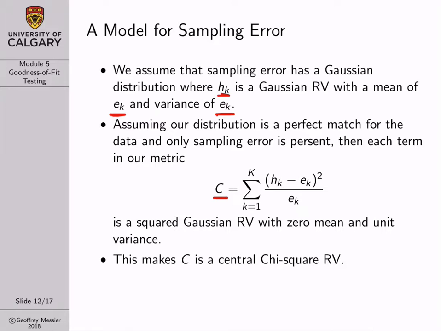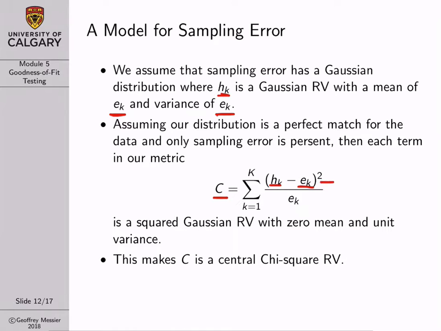And so we assume that each of these h_k terms are Gaussian random variables. We subtract off the mean, so we're assuming that if we've got sampling error, then our error is distributed around the actual expected number of samples in each one of our bins based on our theoretical distribution. And once we subtract off the mean, then the term inside this bracket is zero mean.